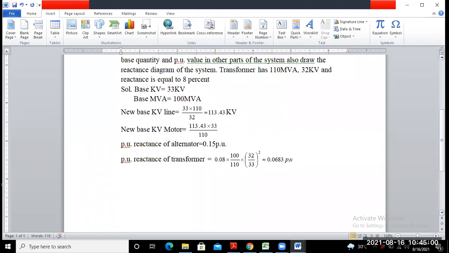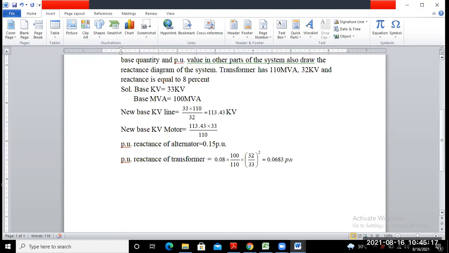Similarly, you just convert all the motor values in per unit reactance. That is, the per unit reactance of the transmission line. The transmission line reactance is given in ohm, that means 50 ohm.